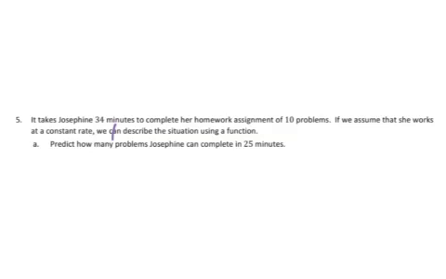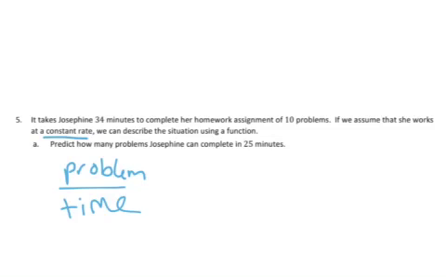So here's number 5. It takes Josephine 34 minutes to complete her homework assignment of 10 problems. If we assume that she works at a constant rate, we can describe the situation using a function. Predict how many problems Josephine can complete in 25 minutes. So remember, what we always taught you was to put time in your denominator.